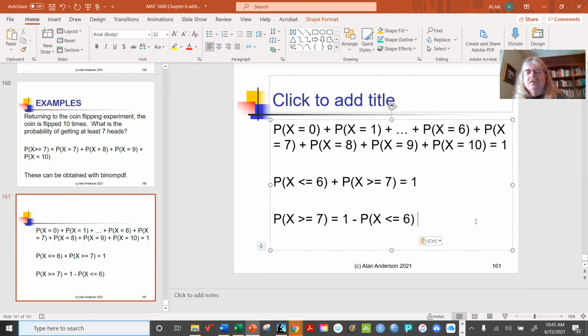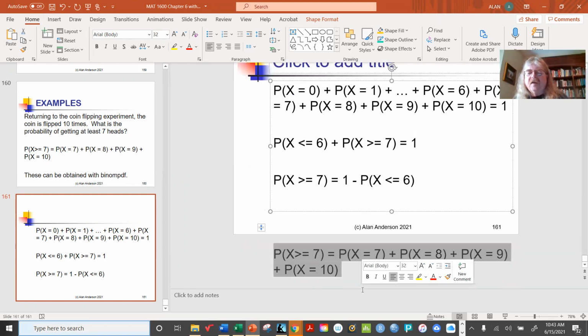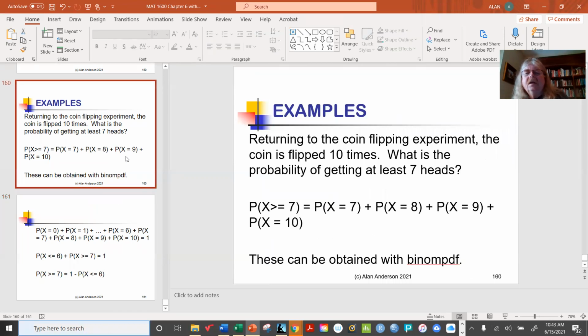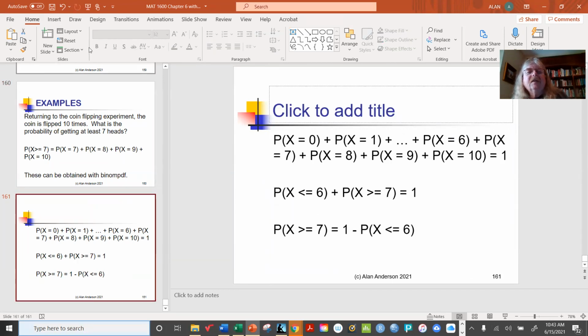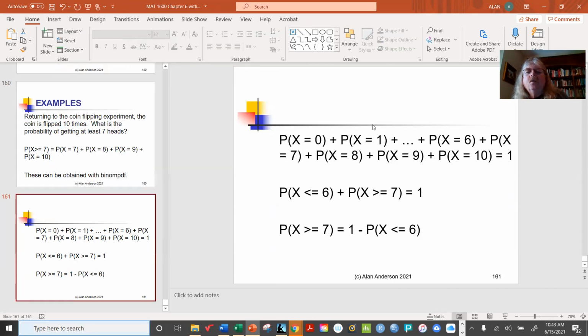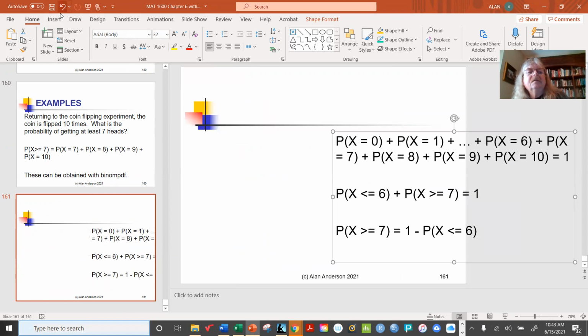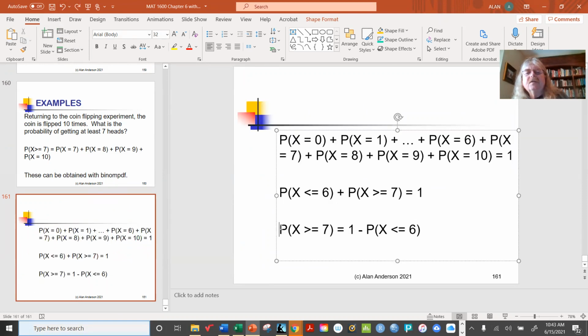Oh, because now look what I can do. I was afraid that I was going to have to calculate all of these probabilities. But look what, with my cleverness, I can do now. I can do this in 2 stages.